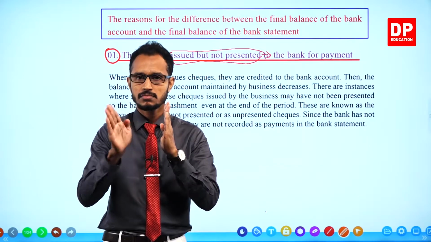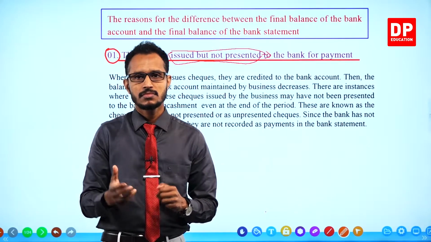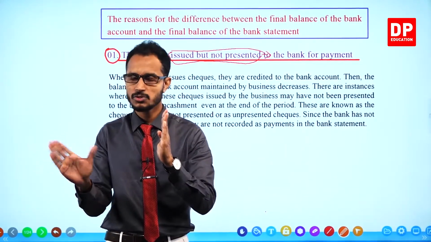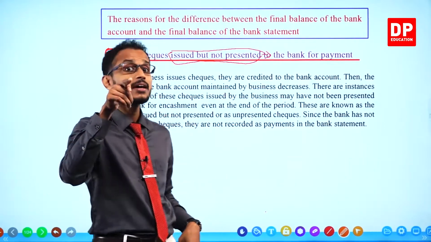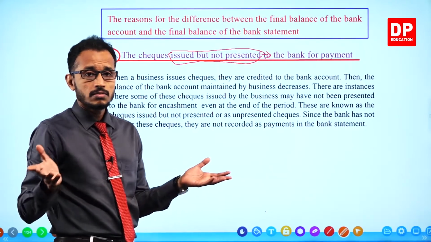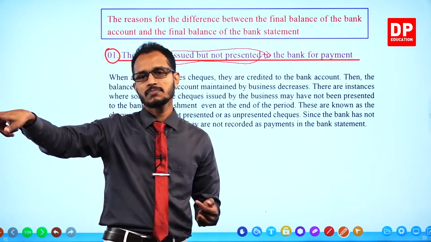So the credit entry represents the decrease of the balance, if the creditor actually encashed our check.